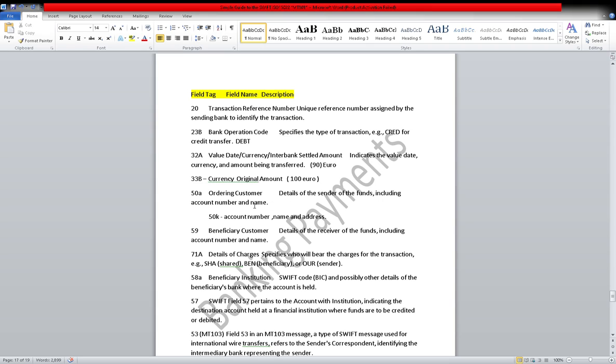Don't worry about this naming convention now. What is A, B, C, D or 50? Try to understand: 50 means you are the ordering customer. That's it. 50 means you are the ordering customer.